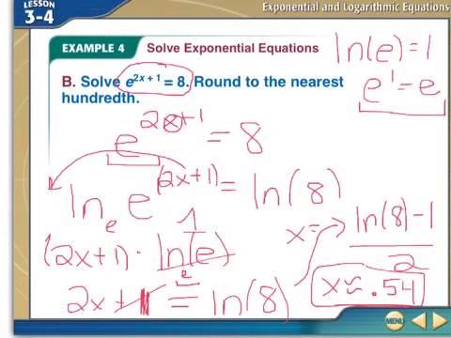If you round x to the nearest hundredth, when you go back to check your answer and plug in for x here, you're not going to get exactly 8. You would have to use all the decimal places of natural log of 8 minus 1 divided by 2 in order to get exactly 8 when you check your solution.